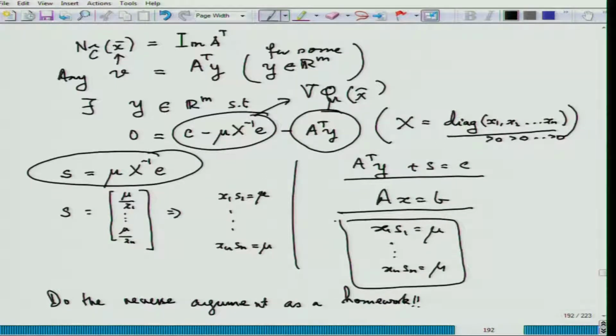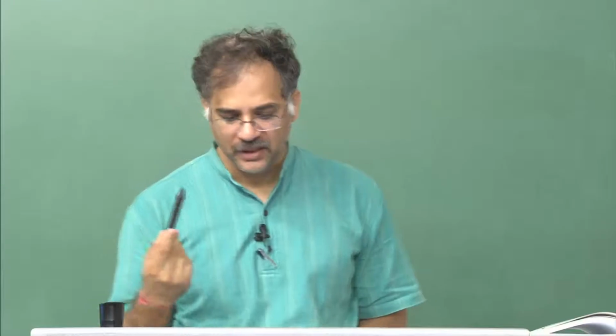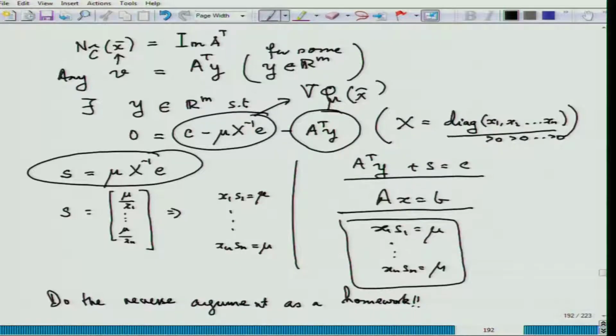So any solution of that actually solves this system, it gives me a y, it gives me an s, and in fact the interesting part is that s is created from the x itself. So if I know the solution of the barrier function over F naught P, then from that I can create the s, and then the y is automatically generated, and hence I have also got this, and also just from the definition of s I have got this.